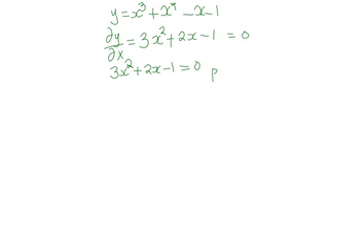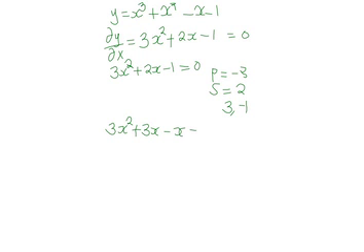The product here is negative 3. The sum is positive 2. So the factors are 3 and negative 1. So we solve for the value of x: 3x squared plus 3x minus x minus 1 equals 0.